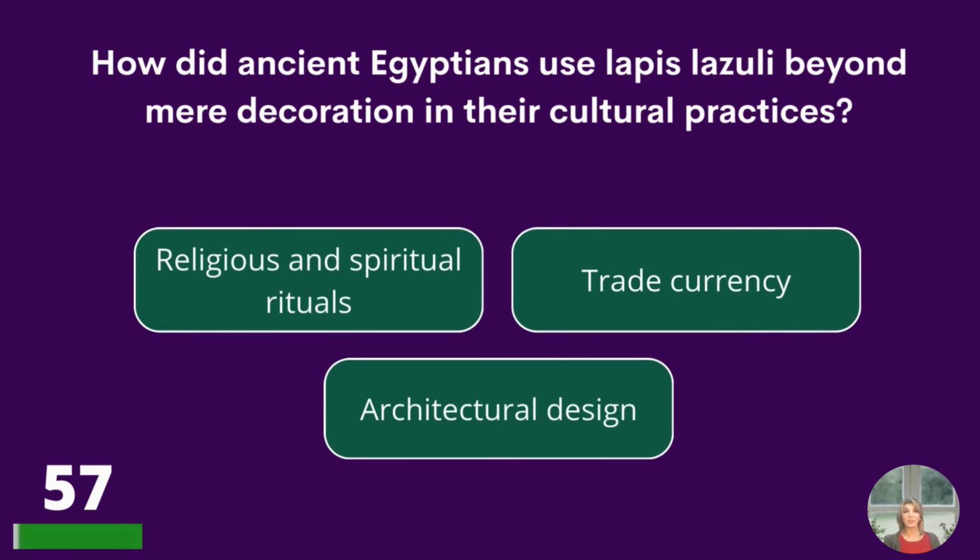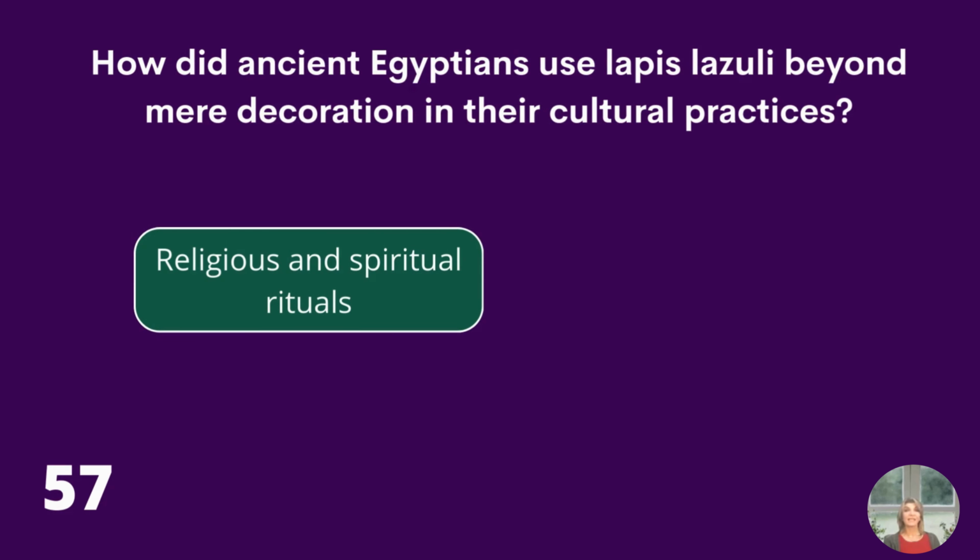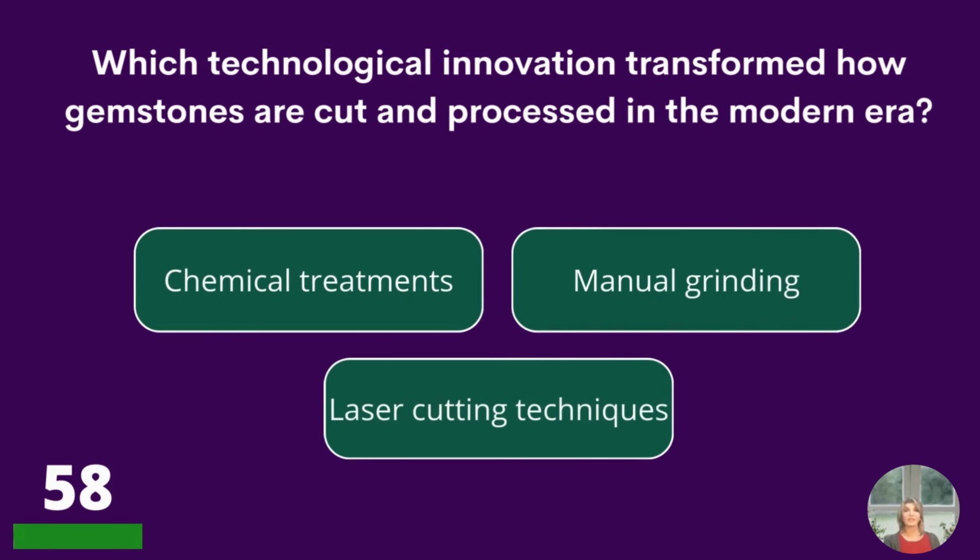How did ancient Egyptians use lapis lazuli beyond mere decoration in their cultural practices? Religious and spiritual rituals. Which technological innovation transformed how gemstones are cut and processed in the modern era?